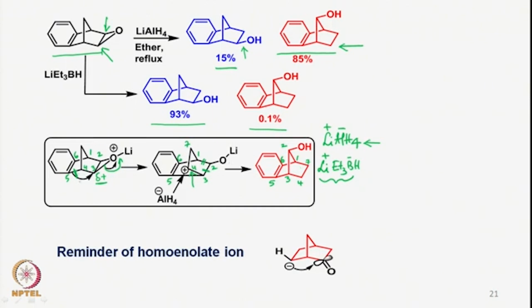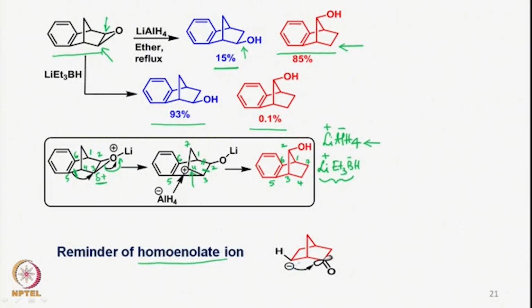So, when such a migration occurs, you generate a positive charge here which then gets reduced, and then immediately you form this. Of course, it can go back to the same molecule and we get a part of the reduction at like 15%. Now, this particular migration of the carbon carbon bond to this carbon here where the epoxide opens should remind you of homoenolate ions, where basically if you have a carbonyl group here, the negative charge attaches in this fashion.